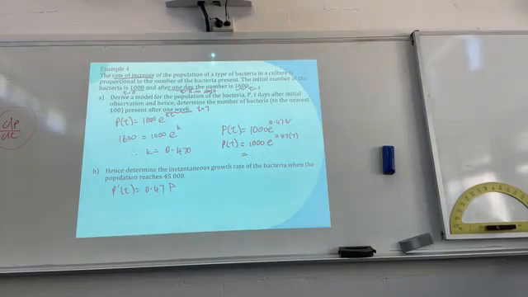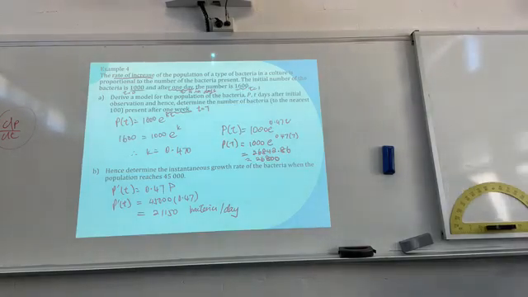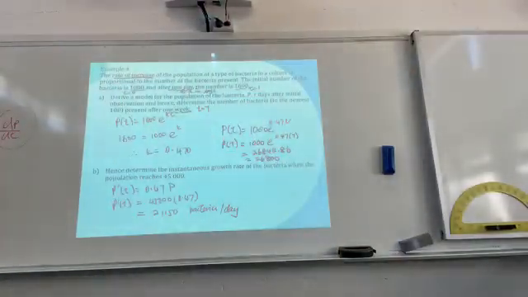Get the differentiation, and then you get the gradient, and then you just use y equals mx plus c. Alright, 2680. So now if you could work out the first derivative, it's 21,150 bacteria per day. You put it into numbers to get the y, and then you can use it for y equals mx plus c, because you're going to solve this. So you should be able to work out the rate of change.